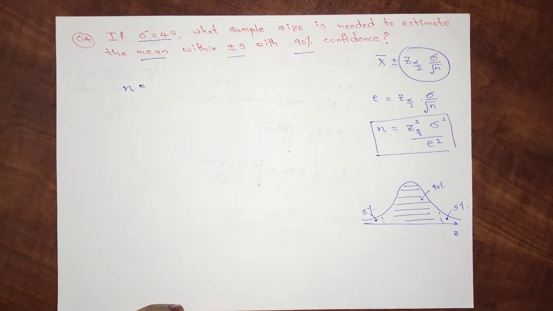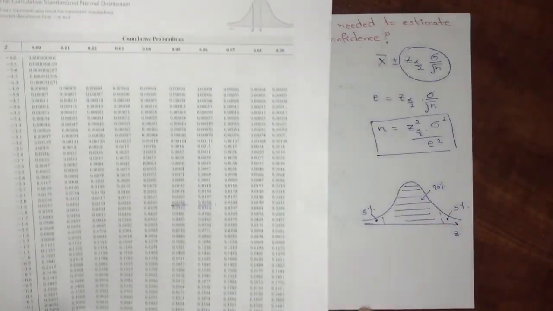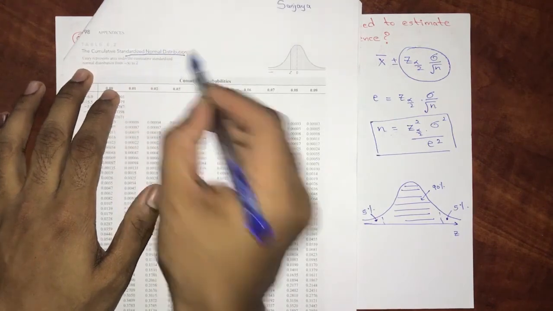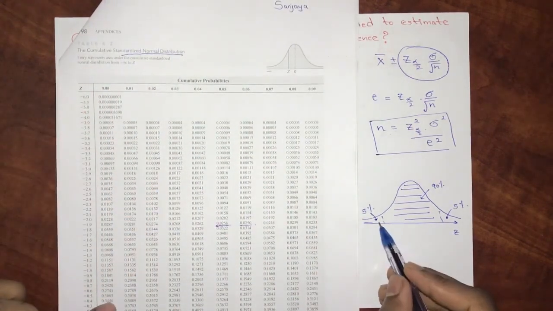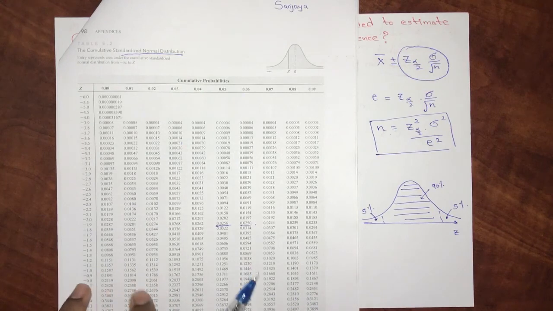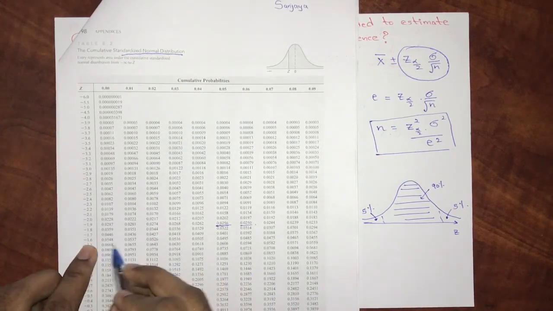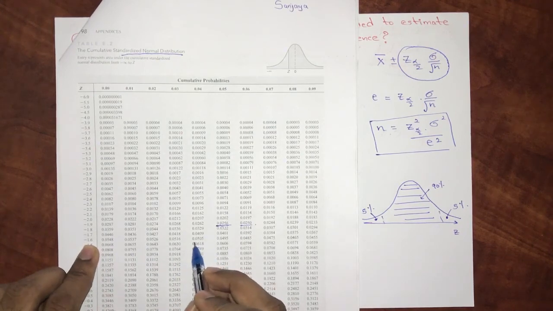If you check in your cumulative standardized normal distribution table where you have 0.05, you will notice you get it around minus 1.6, but there is no exact 0.05.